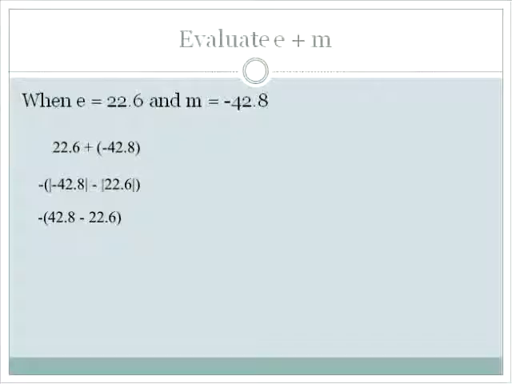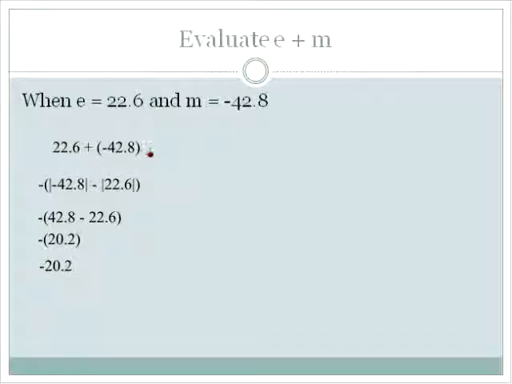We can just do 42.8 minus 22.6, which will give us the result of 20.2, and we can simply write that as negative 20.2 when we distribute that negative into the parentheses. Okay, so when we find 22.6 plus negative 42.8, our final result is negative 20.2.